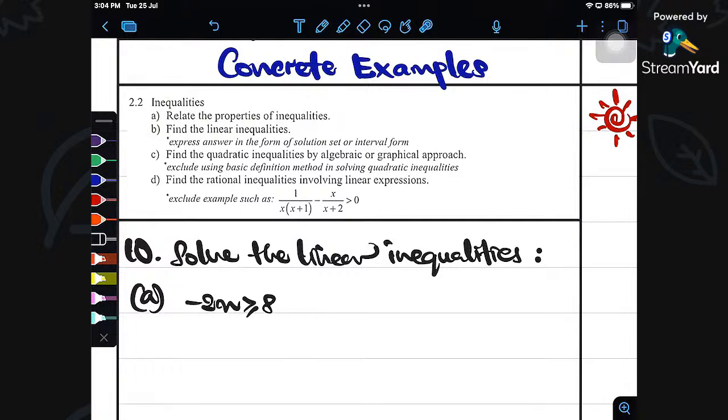Next is to find the quadratic inequalities by algebraic or graphical approach. And the last one, we will find the rational inequalities. I will emphasize the important 3 goals here, which are linear, quadratic, and rational inequality.